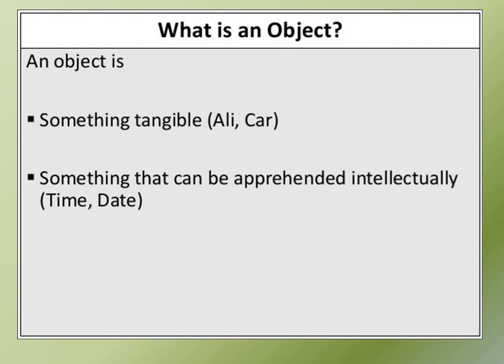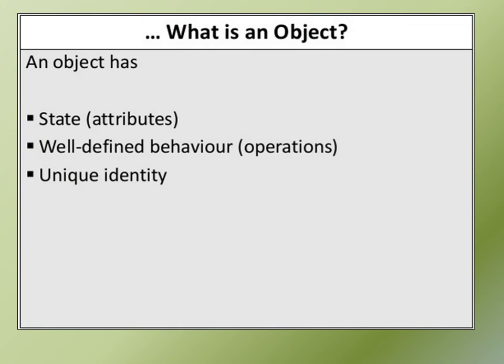Now we see what an object is. An object is something tangible, like Ali or a car, as we have seen in the previous example. Or something that can be apprehended intellectually, like time or date. Objects are key to understanding object-oriented technology. When we look around, we will find many examples of real world objects such as dog, desk, television, car, etc. What is an object?